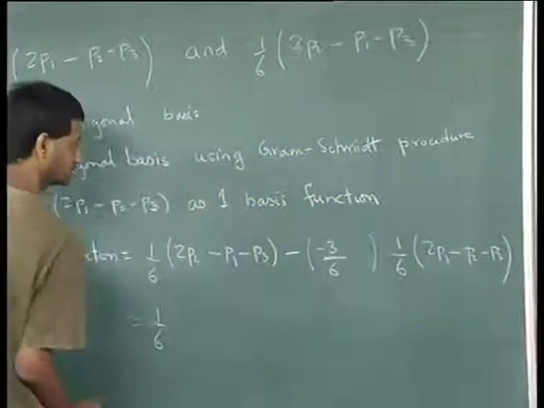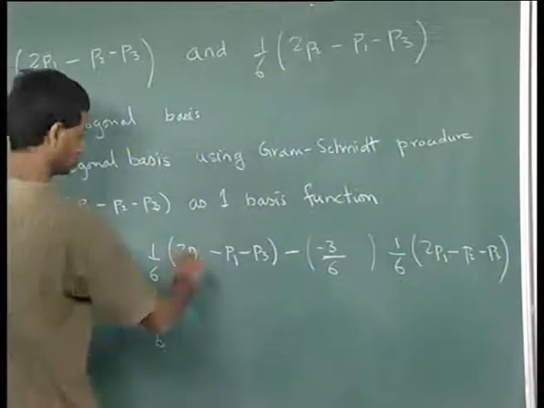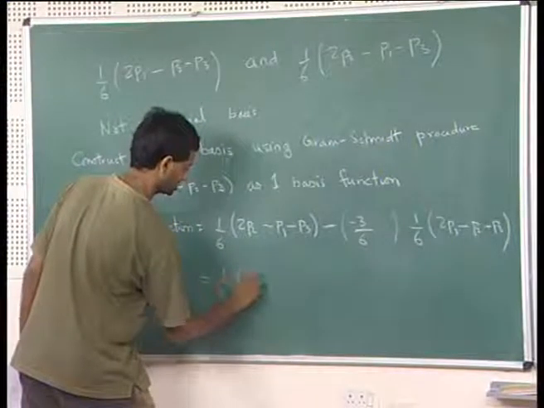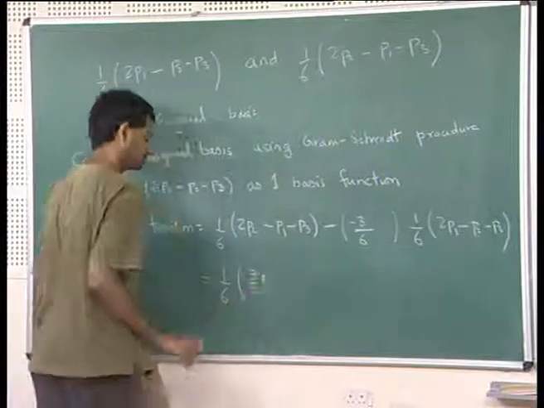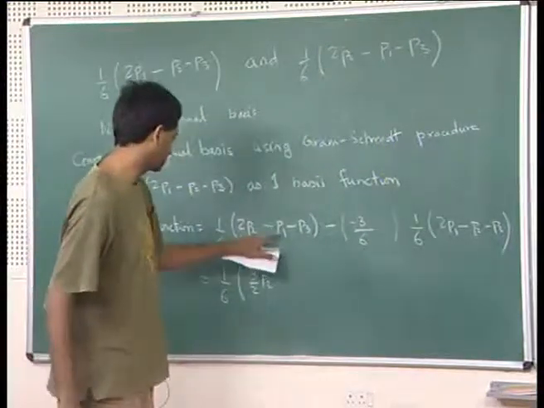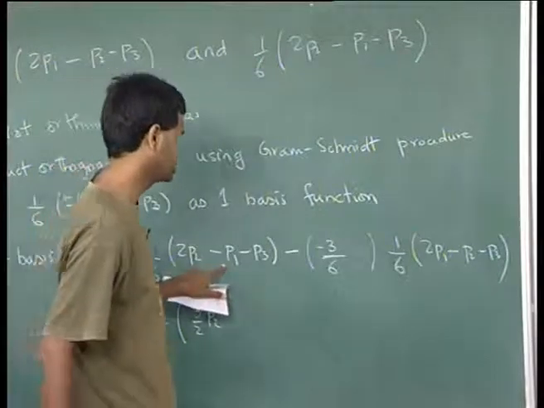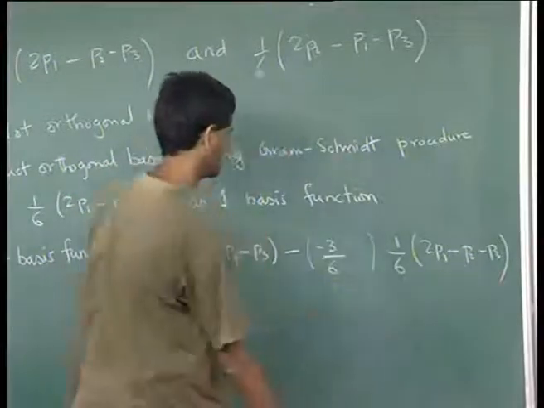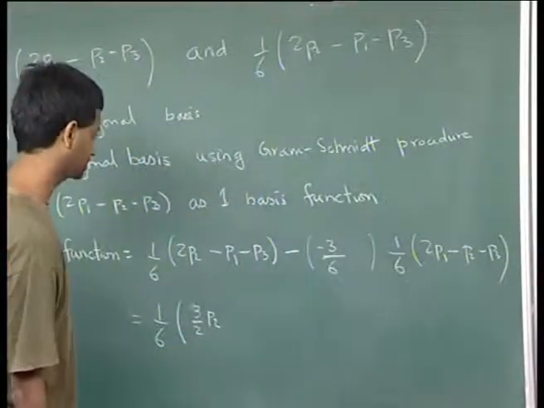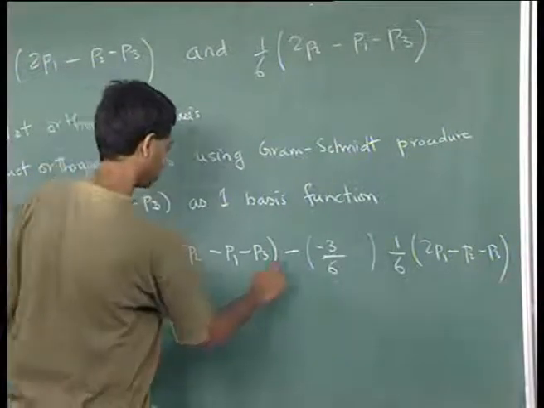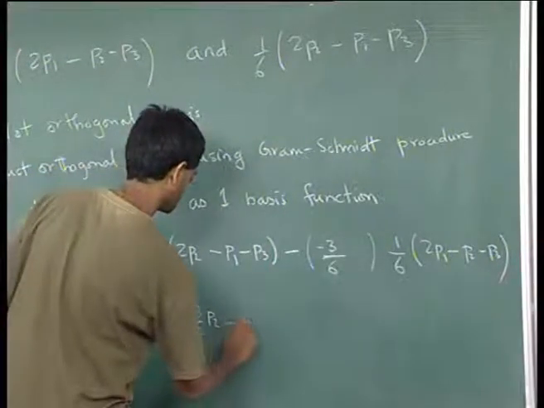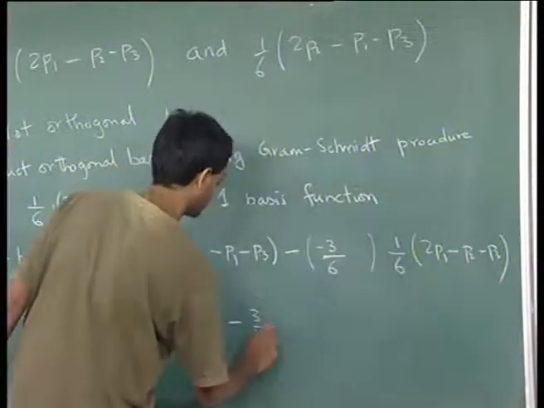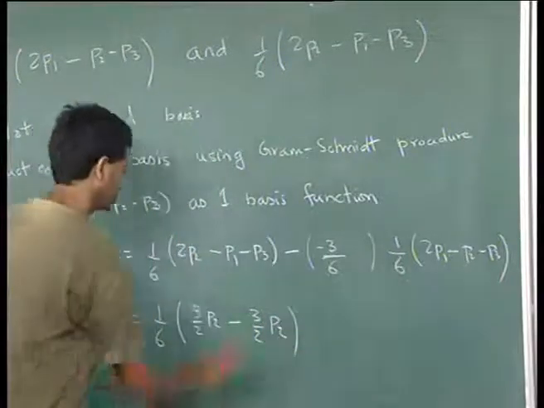1 by 6. So 2p2 minus p2, 3 by 2 p2. And then what about the p1? So I get half p1, and I take half of this. So I have p1 and I have minus p1. Those two will just cancel, and what I'll be left with is minus 3 by 2 p2 or p3.